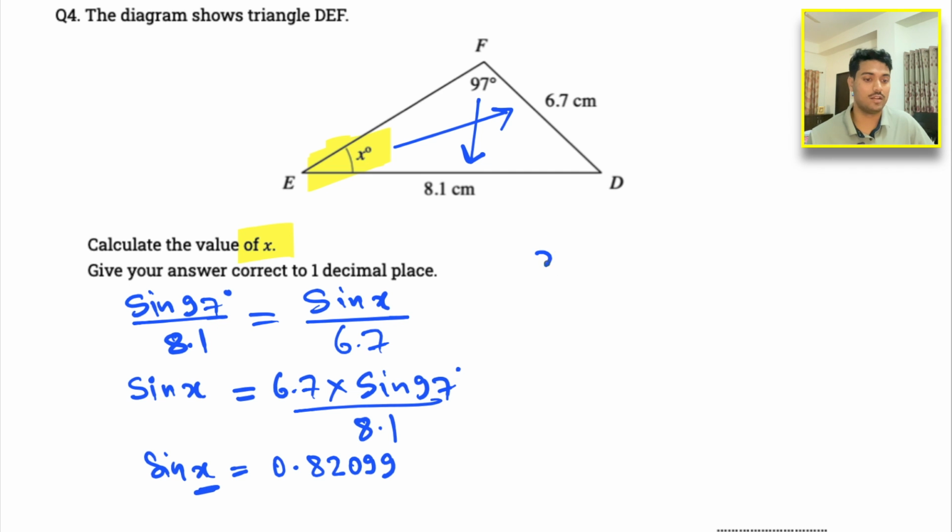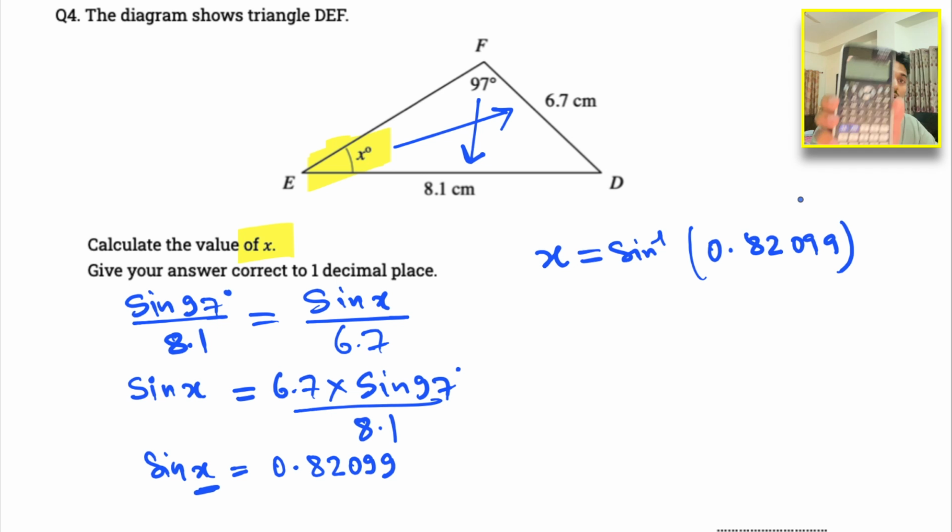But we have to find the value of x. We have sine x right now, so we can write x as sine inverse of 0.82099, and let's keep the value exactly like this in the calculator, and just do sine inverse answer and you will get the value. So x is 55.184.